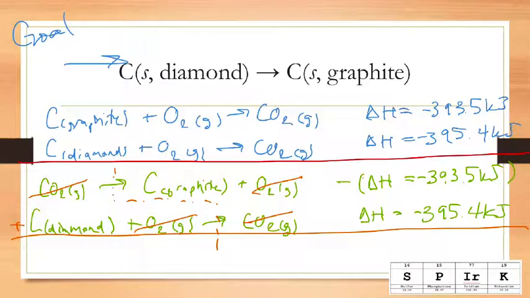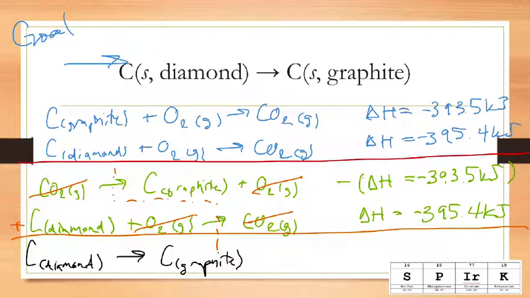So we are left with a final equation when we add these two together: carbon in the diamond form yields carbon in the graphite form, which is what we were trying to do. That's our goal equation.